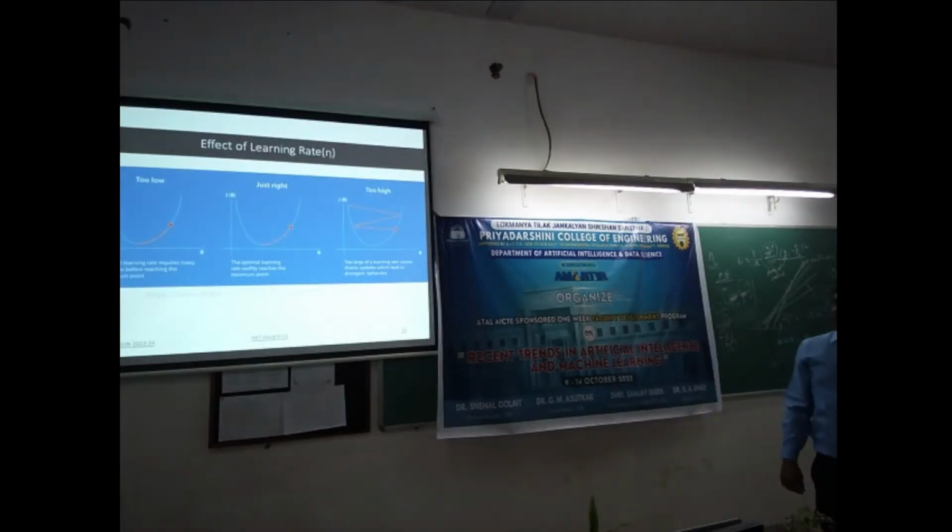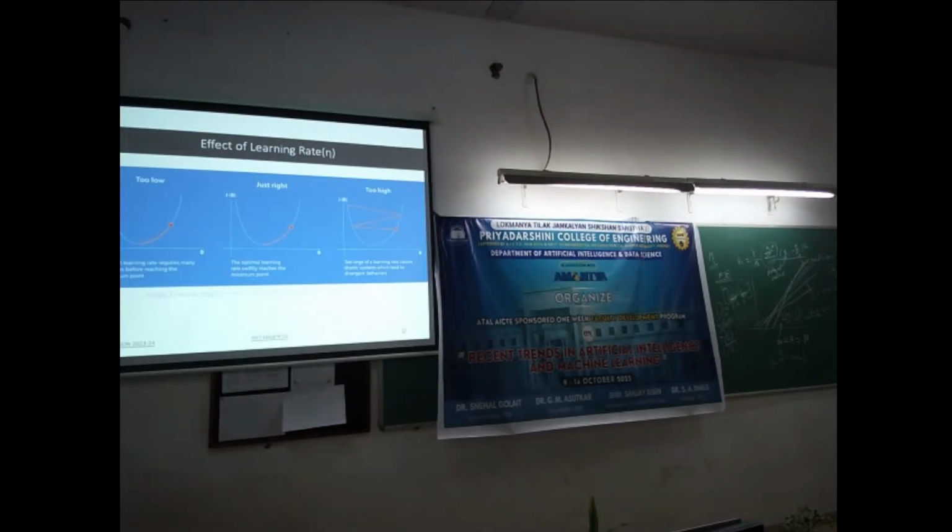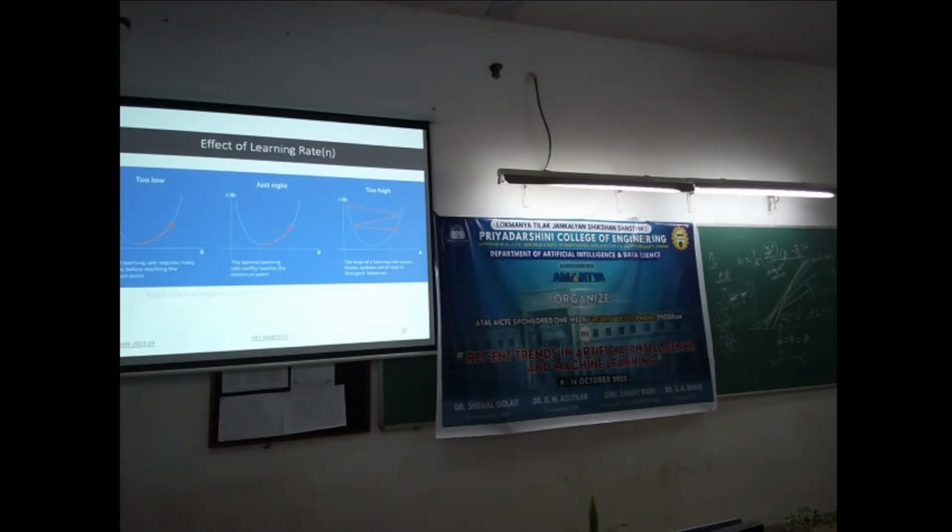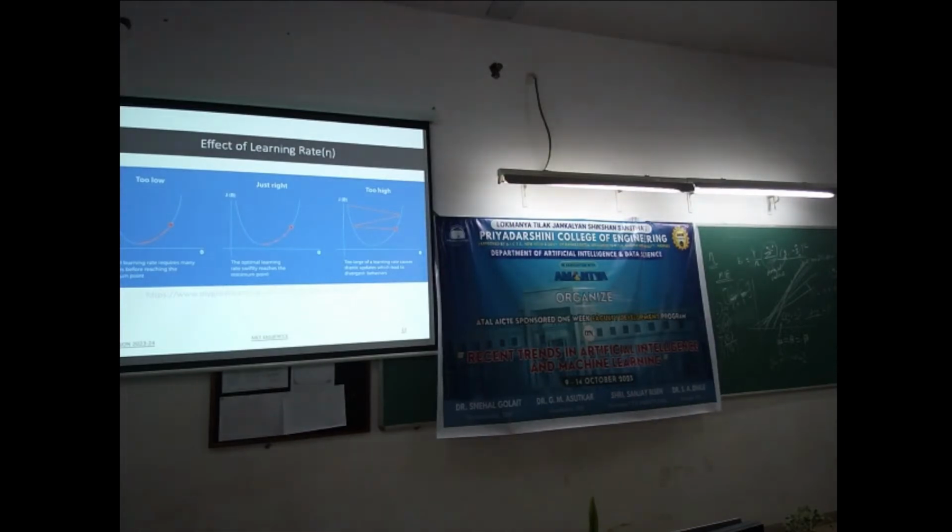Now what is the effect of learning rate? What happens if the learning rate is too low or too high? You can see the first graph. If the learning rate is too low, it will require many iterations, and many updates to the weights, before reaching the minimum point, since only small steps are taken. If the steps are just right, it will swiftly reach the minimum point.